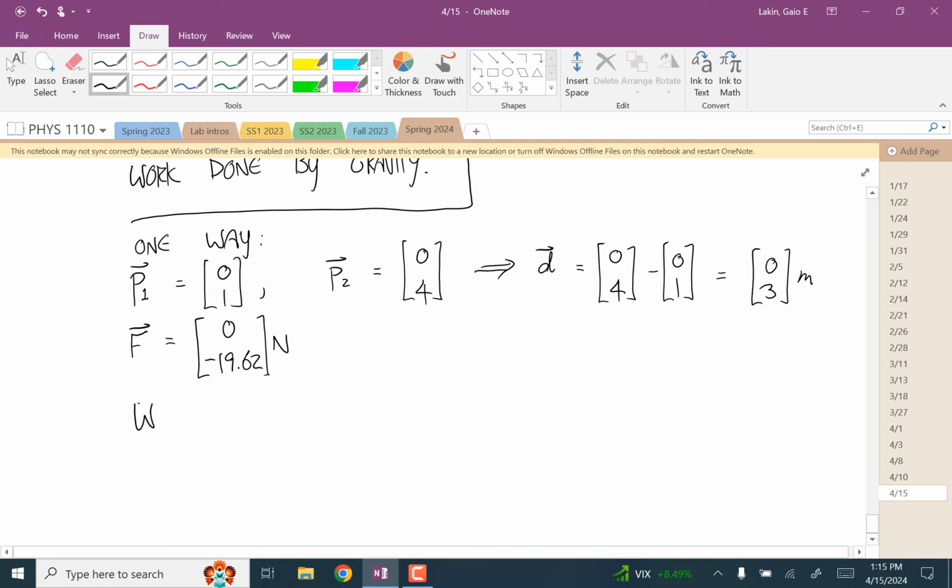And so the work done by gravity over that motion is Fx times dx plus Fy, negative 19.62, times dy. And so we get negative 58.86 joules.